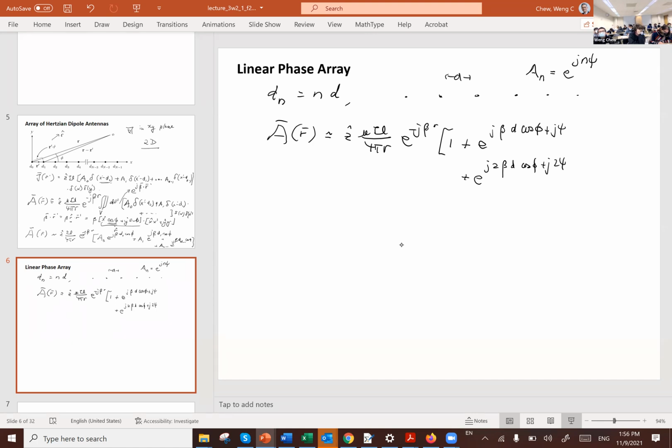And then we can go on to the last term, which should be something like e to the j n minus 1 beta d cosine phi plus psi, something like this. Okay, that was the last one.